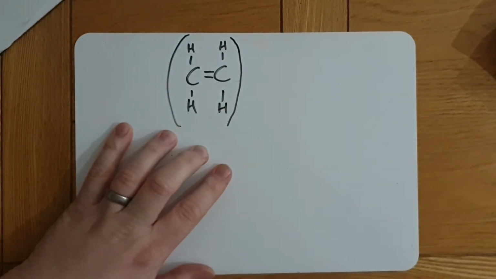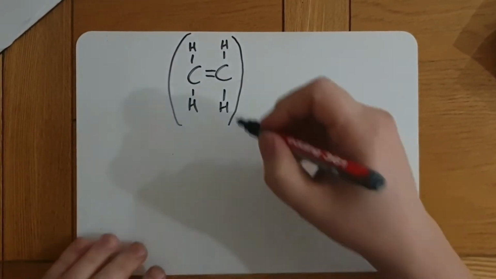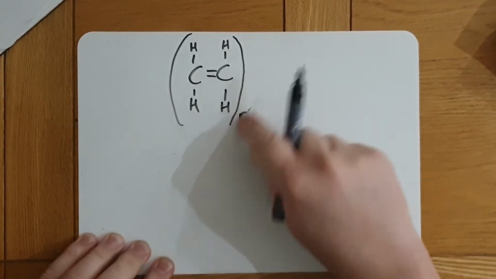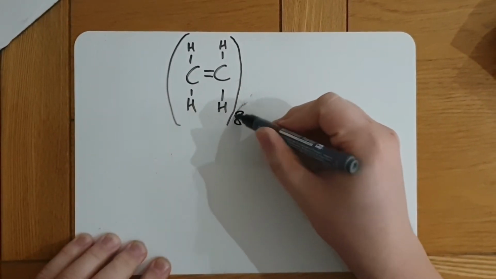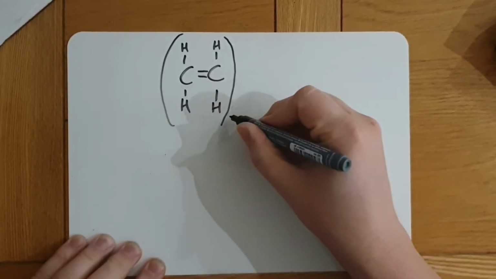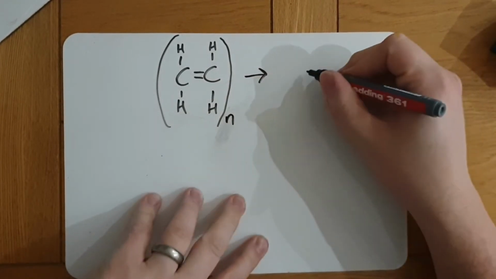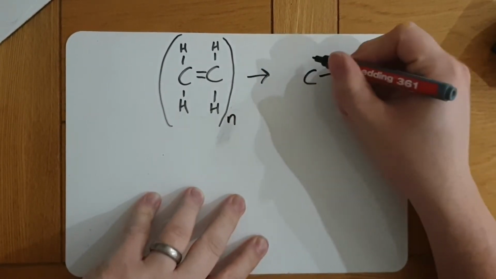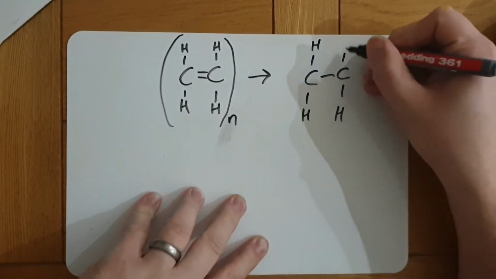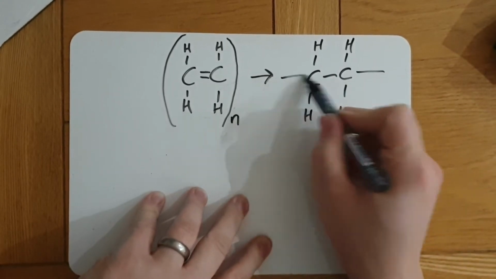And then, like in maths, when you've got a series, like the nth term, we write n. So we've got n of these, and then when it reacts, it forms C, C, H, H, H, H. But these have only got 3 bonds, so they go wider than that.